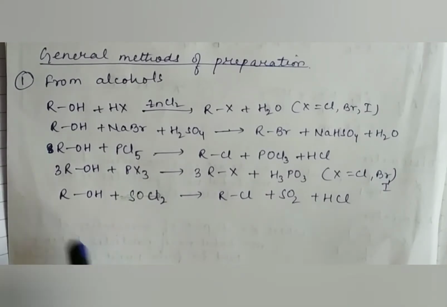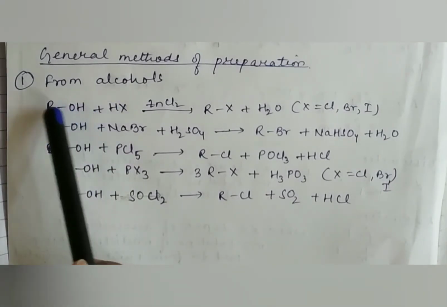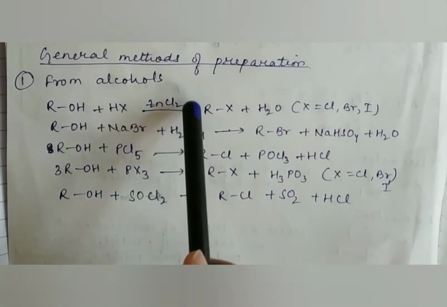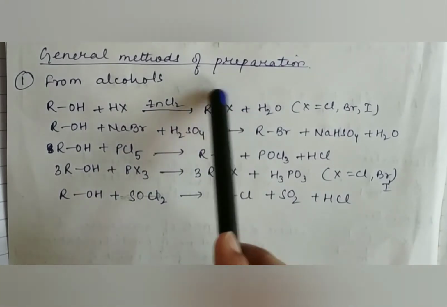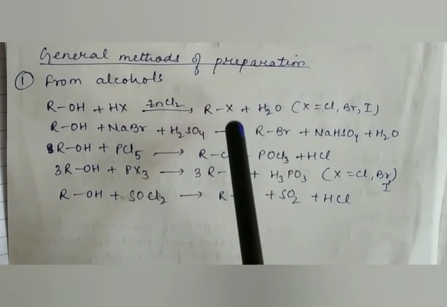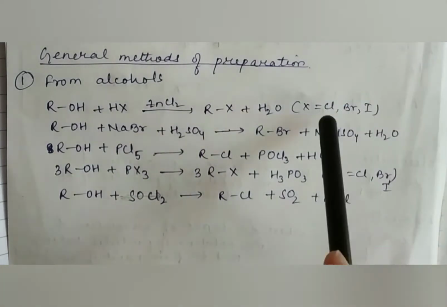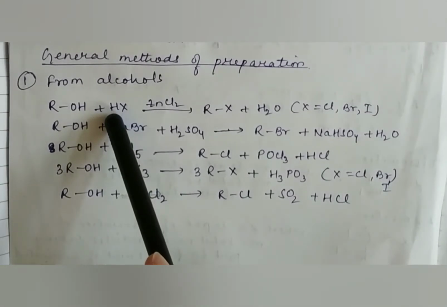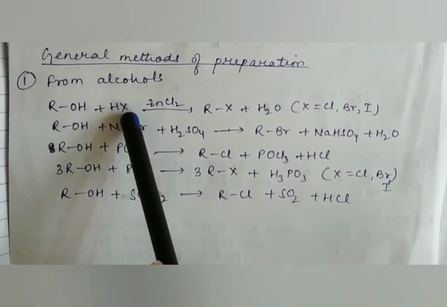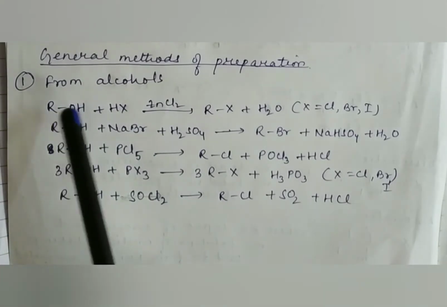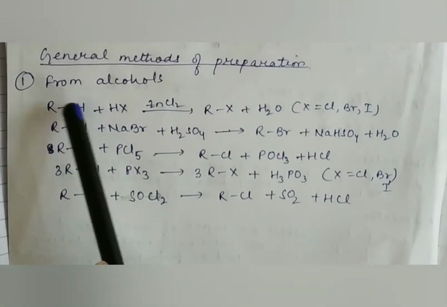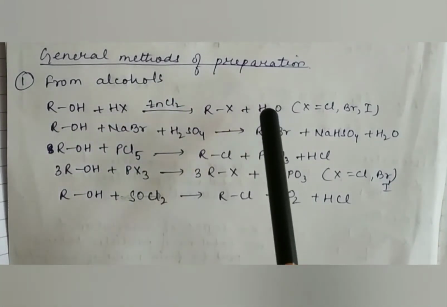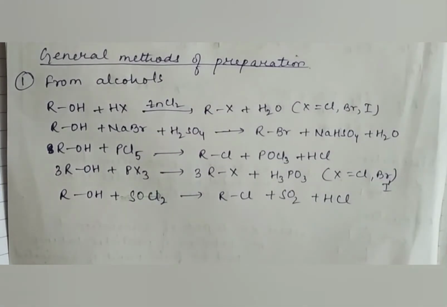So first one is when alcohol is treated with hydrogen halide in presence of zinc chloride, then we get an alkyl halide and water. So X can be chlorine, bromine or iodine. So this can be HCl, HBr or HI. Suppose we are taking HCl, then on reacting this HCl with ROH, that means the alcohol, in presence of zinc chloride, we get RCl as the product along with water.